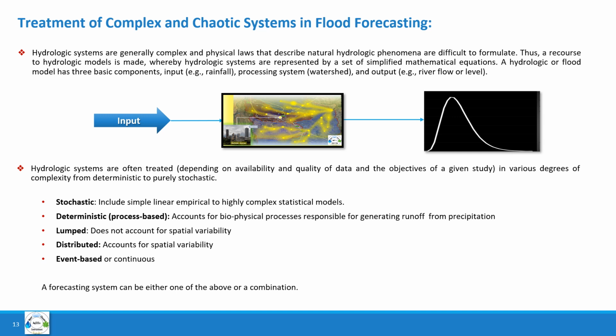A hydrologic or flood model has three basic components: input, for example, rainfall; processing system within the study area, for example, watershed; and the output, for example, river flow or level. Forecasting models can be classified as stochastic, deterministic, lumped, distributed, or event based. A forecasting system can be either one or a combination of more than one.